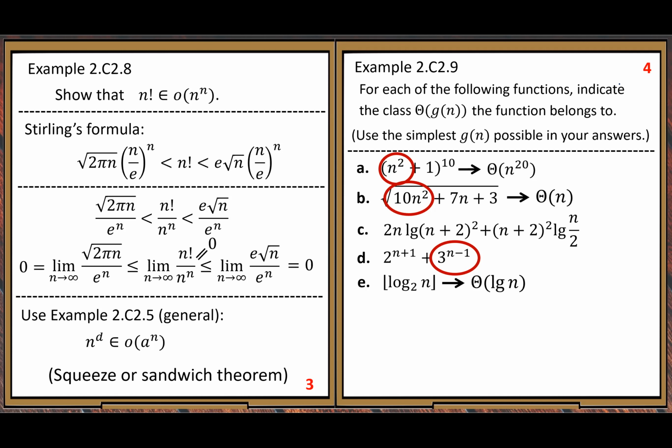So we just take the dominant term. Because the -1 is little, we can ignore it. Little numbers are not important, so we simplify it to big theta of 3 to the nth.